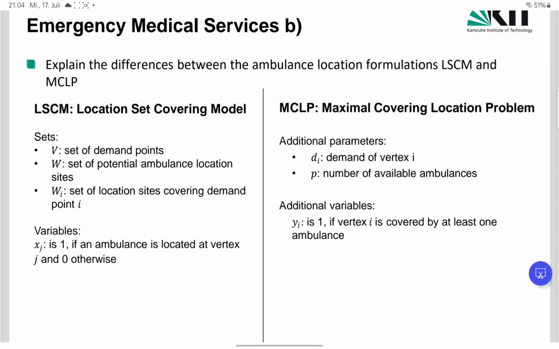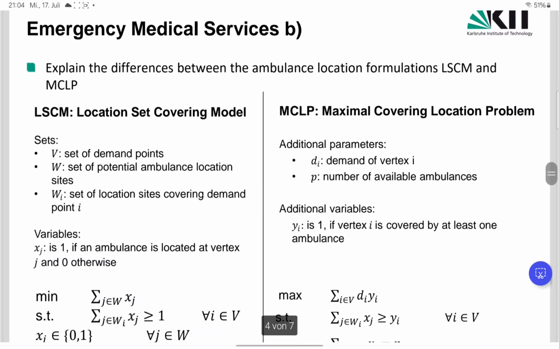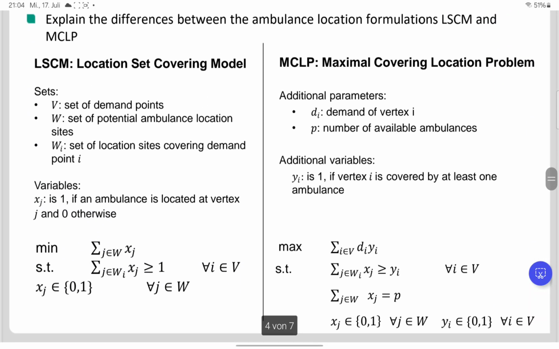So that is what the decision maker has to give you as input parameter. And the variables not only x but also y, and here y_i is 1 if demand node i can be covered by at least one ambulance. And therefore we have some different formulations of both models.